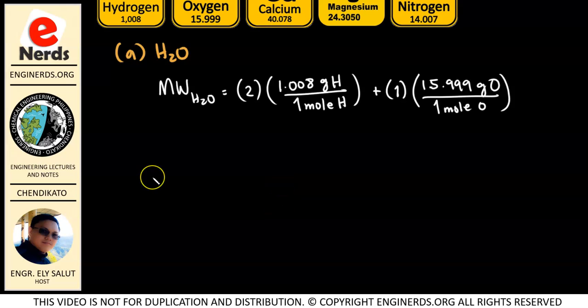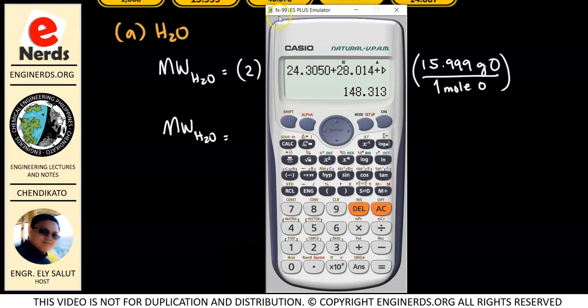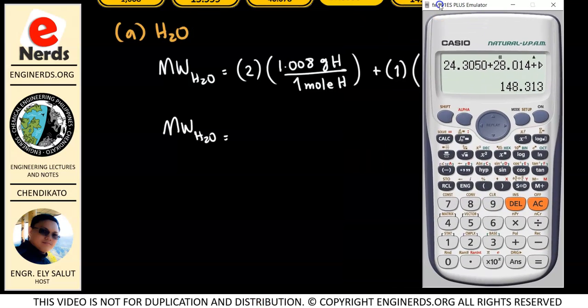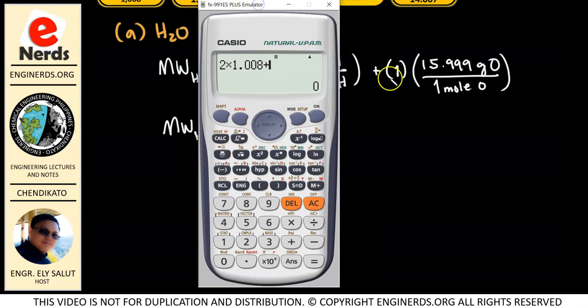Alright, so we just need to solve for that to get the molecular weight of water. Okay, so let us use our calculator, no, para makita ninyo how are we proceeding with the calculations. Okay, so we have 2 times 1.008 plus we have 1 times 15.999.